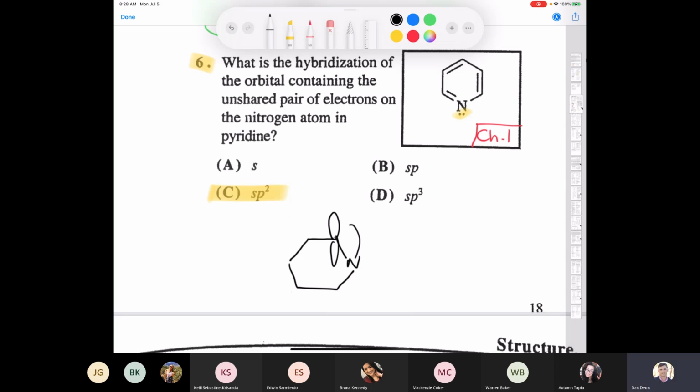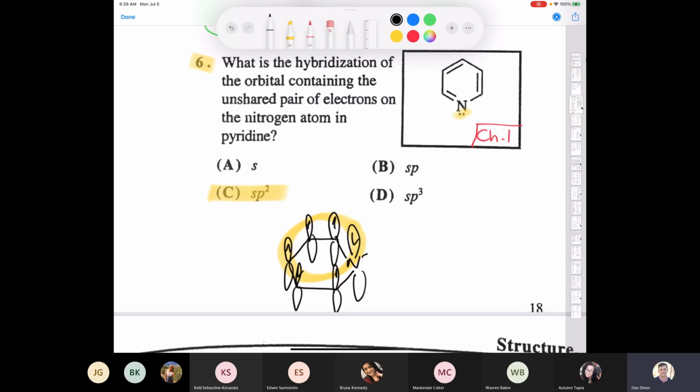Even the nitrogen has an unhybridized p orbital, and each one of those p orbitals has an electron in it. So I'll draw one in each one. And those all overlap to form a conduit, which is what makes the compound aromatic.